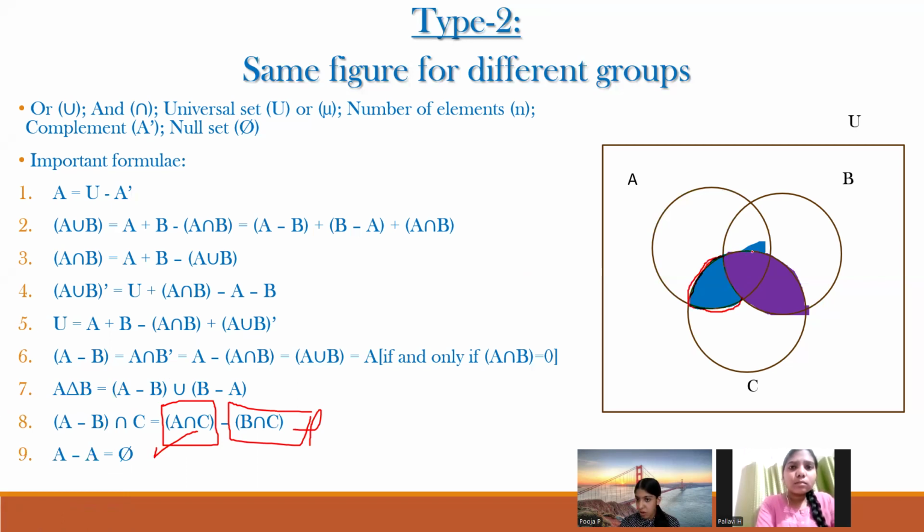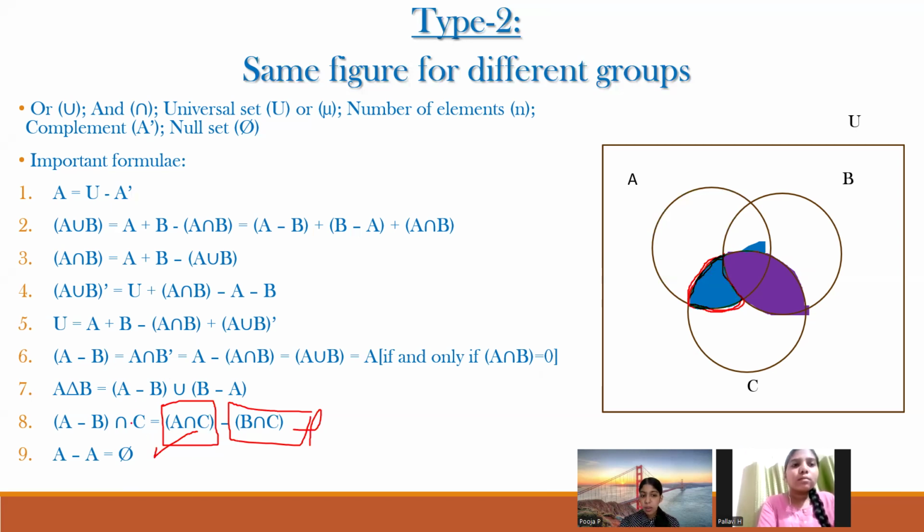Is this also A intersection C, but not B intersection C? No. Both have come here. Is this A intersection C, but not B intersection C? No. Is this also that part? No. So we are left with this region. So the red mark here is the same as the green mark when we did it the previous time.